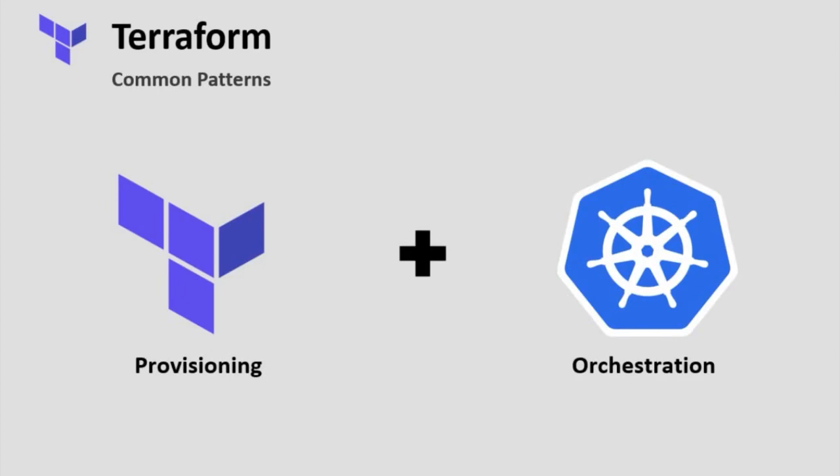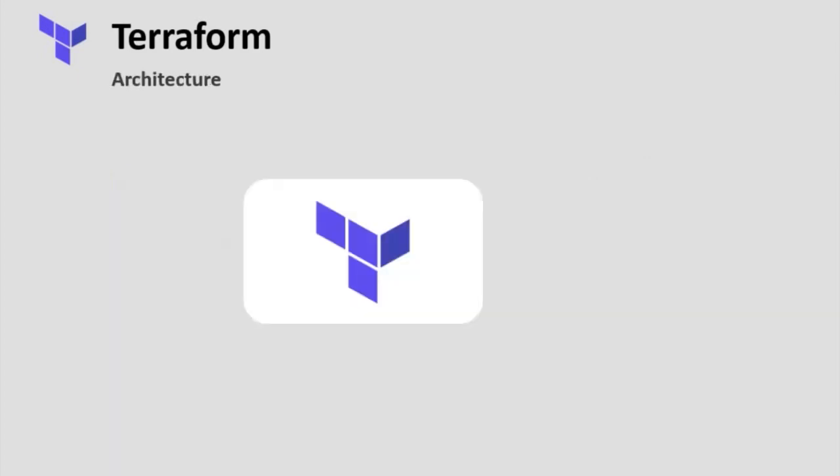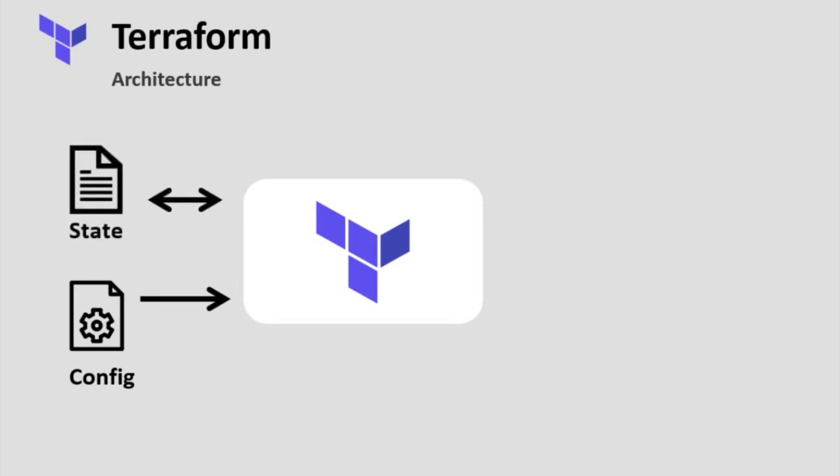Before we use Terraform, we should know what the architecture of Terraform is. Terraform mostly uses configuration files, and in this configuration file all the configuration used to provision resources is written. After this configuration file is used by Terraform, Terraform will create a state file.